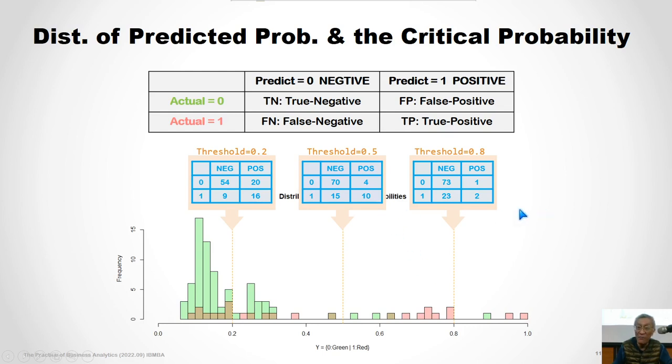When the threshold moves up, this value will decrease and this value will increase. When the threshold decreases, it will increase the number of positive predictions and decrease the number of negative predictions.